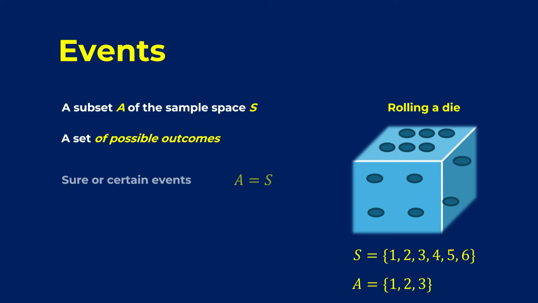We have a sure or certain event when the event is the entire sample space. Also, we have an impossible event when A is an empty set, which means that it cannot occur. By using set operations, we can obtain other events in the sample space.